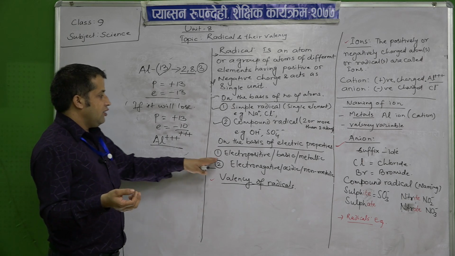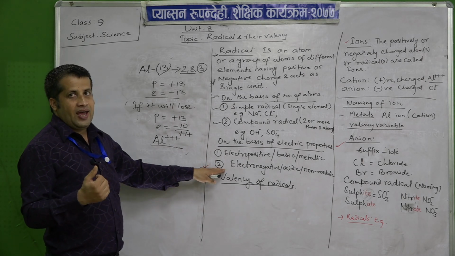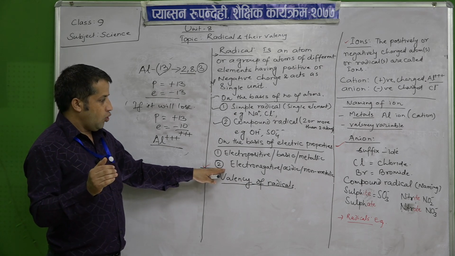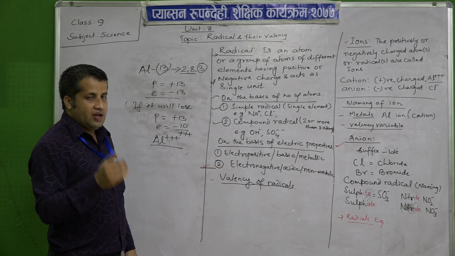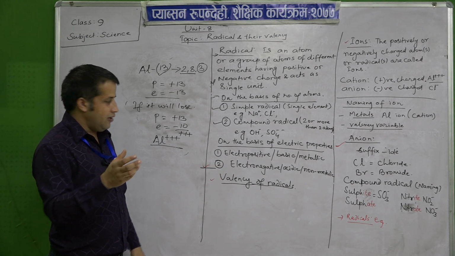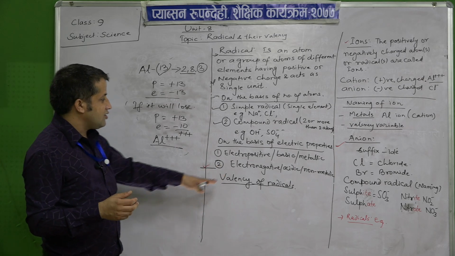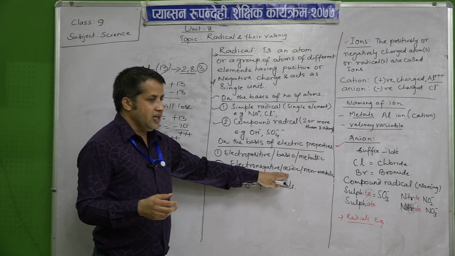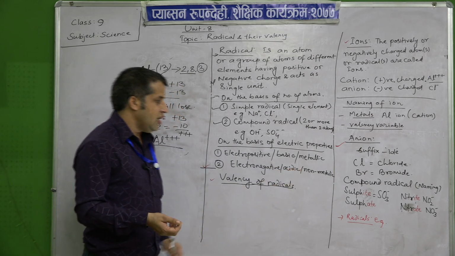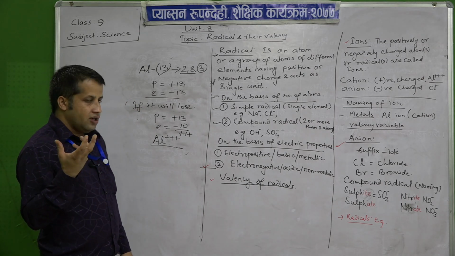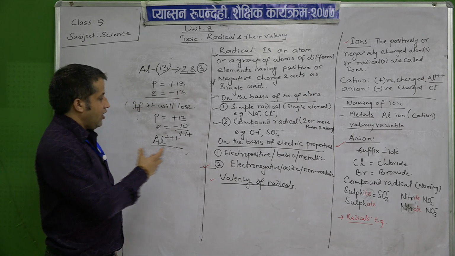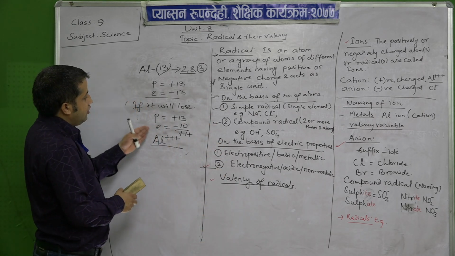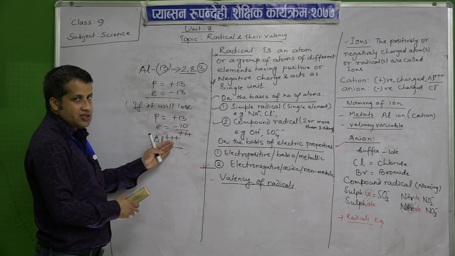And those radicals which have a negative charge on them are called electronegative radicals or acidic radicals, or in other words non-metallic radicals. Electropositive means having a positive charge.